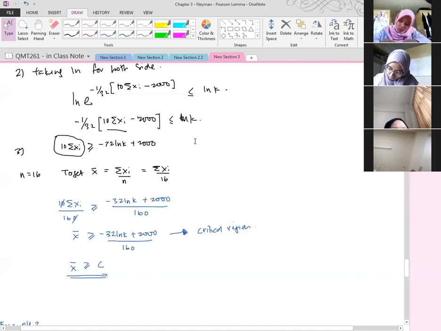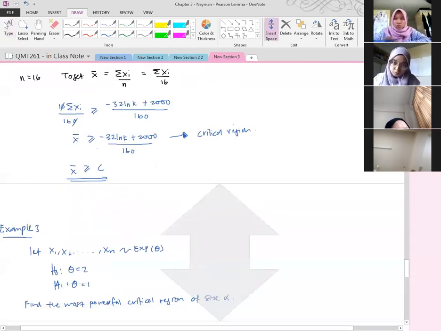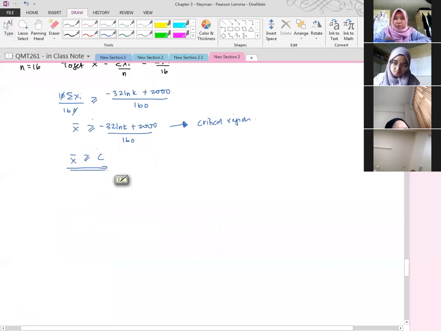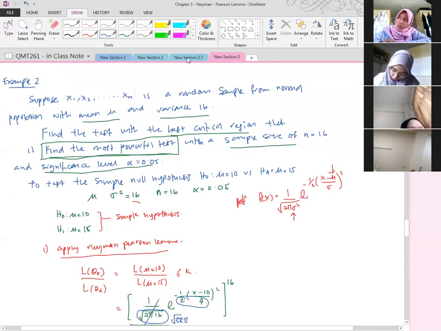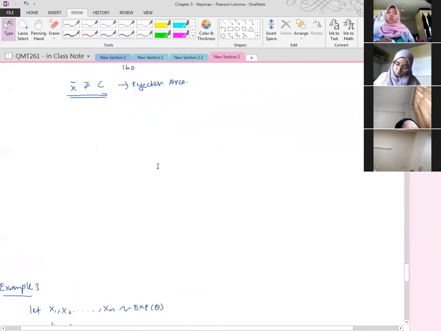If you want to find the value of C, we know that this is a rejection region. To find the value of C, look at this equation. The significance level alpha is 0.05, so we can use the probability of type 1 error.